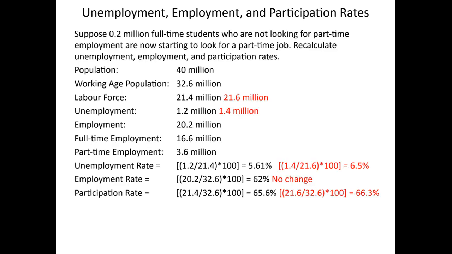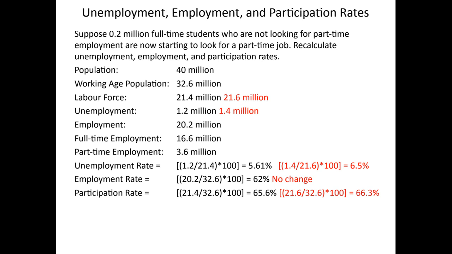Now, just take another example where I have changed the labor force. If you look at the data, I have added one additional piece of information in this question. First, let me read this question.